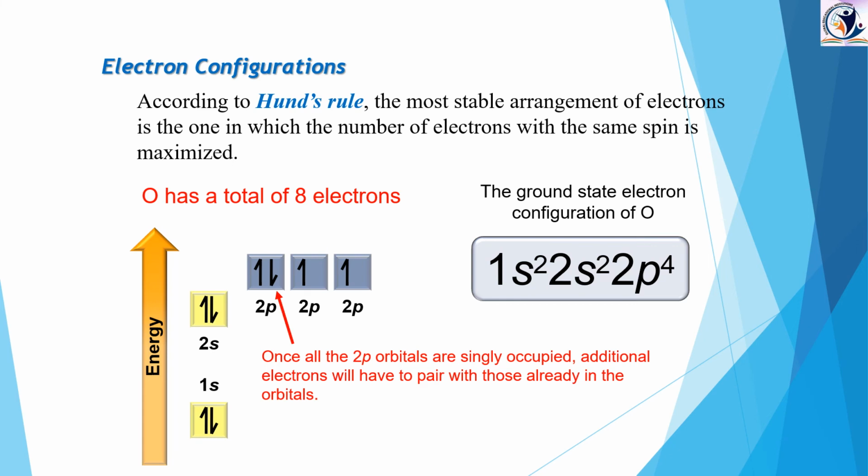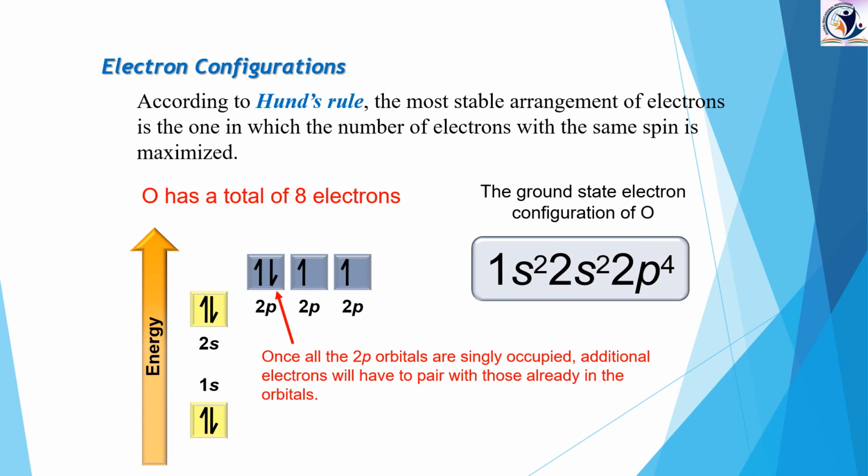There are 3 rules we discussed till now. Pauli's exclusion principle states that no 2 electrons can have all 4 quantum numbers the same. Then coming to the Aufbau principle, whenever we are filling up the electrons, the lowest energy orbital should be filled first.